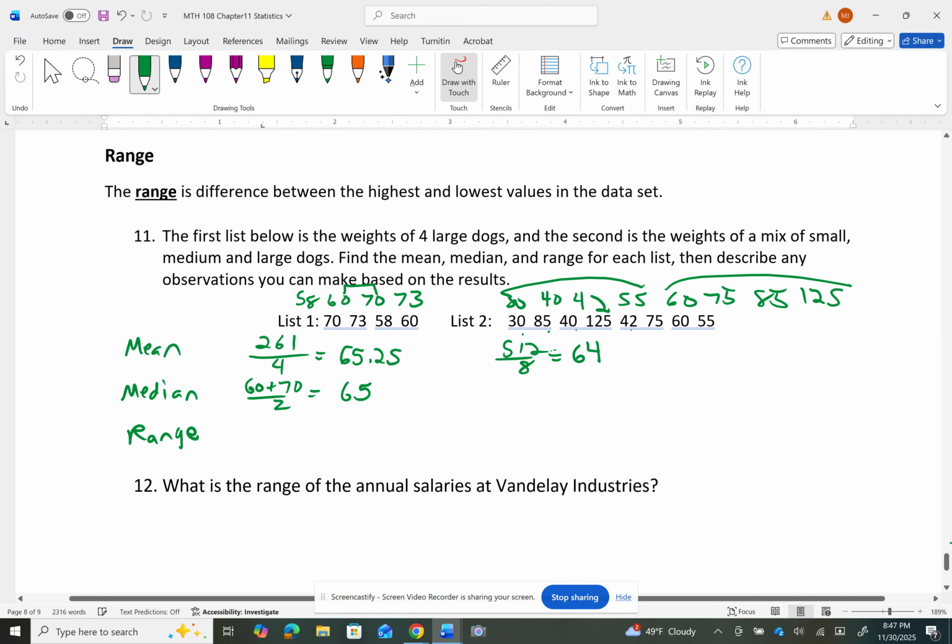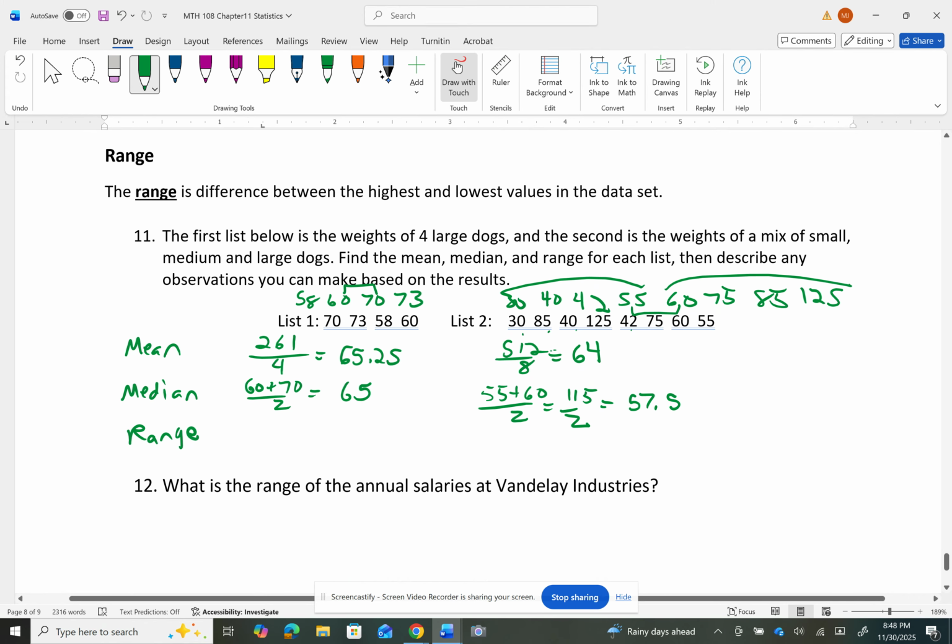So we need to be halfway between 55 and 60. So we could add them and divide by 2. Okay, so you would get 115 divided by 2. And if you did that, you'd have 57.5. Let me try to write that better. For your median. Okay, your middle number, okay?